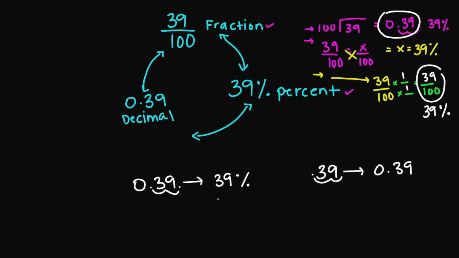So now if you're going from a decimal to fraction, you take the place value of the last digit of your number and you turn it into a fraction. So this is my tenths place, this is my hundredths place. If I turn 0.39 into a fraction, this is just going to be 39 over 100, which is what we have here.